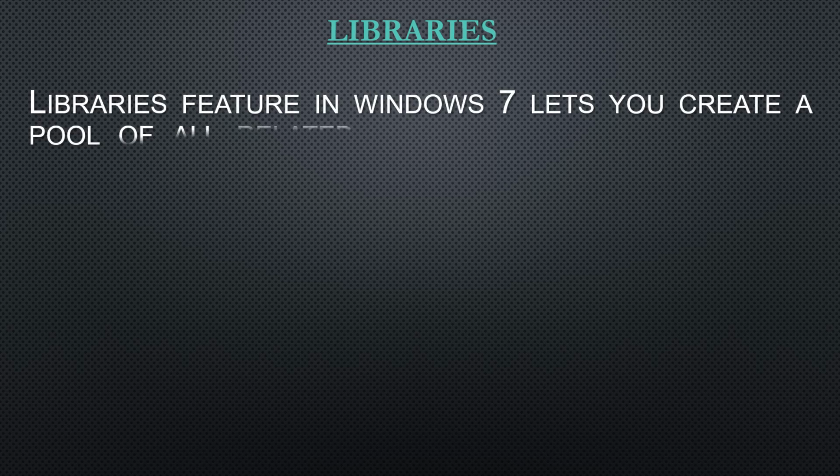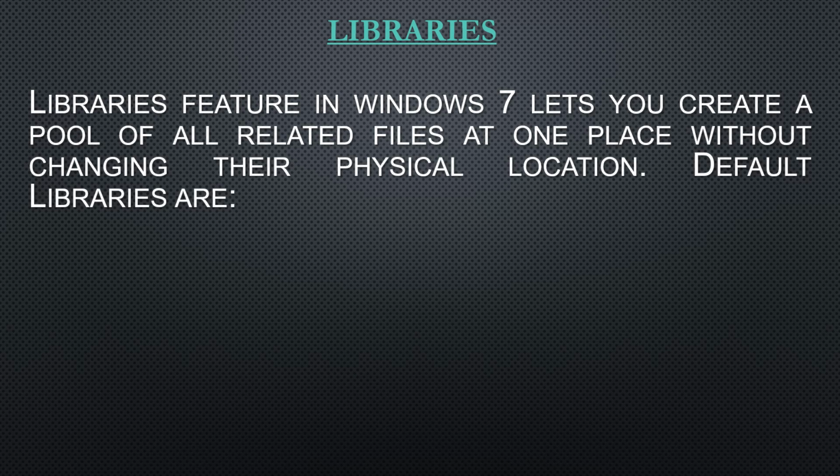Next topic we are going to discuss is the library. All of you know that libraries is a very new feature that is included in the Windows 7 operating system, which lets you create a pool of all the related files at one place without changing their physical location.